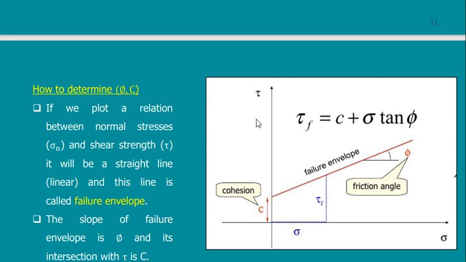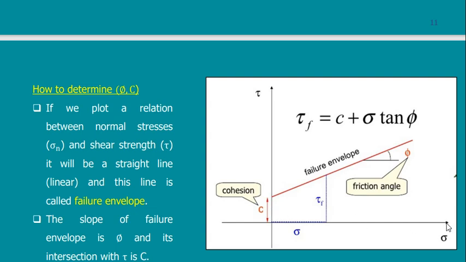So if I draw a relation between the normal stress and shear stress, at zero normal stress we still have the cohesion, because as we said, cohesion is like the glue. It adheres particles to each other, it's always there. So this effect of C is here.